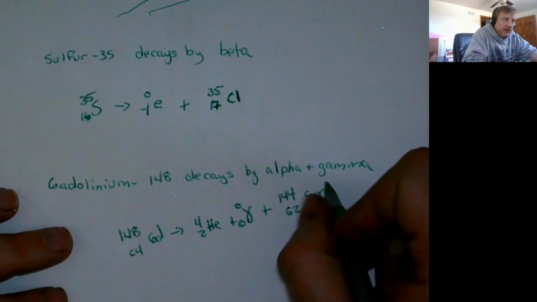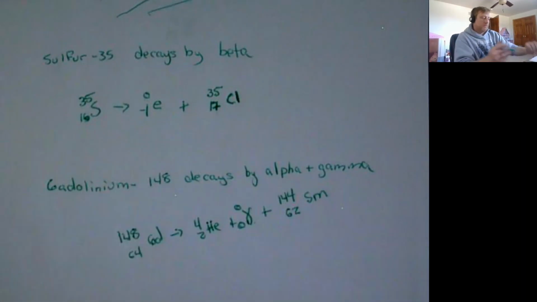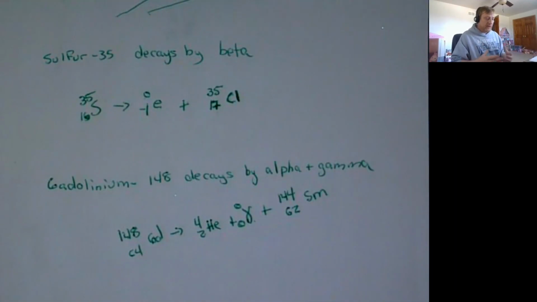And so you can see we have some samarium 144 left. At the end of this decay process, some alpha radiation, some gamma radiation, and some samarium left over. So those are kind of the three classes. Betas increase the proton count by 1, don't affect the mass number at all.